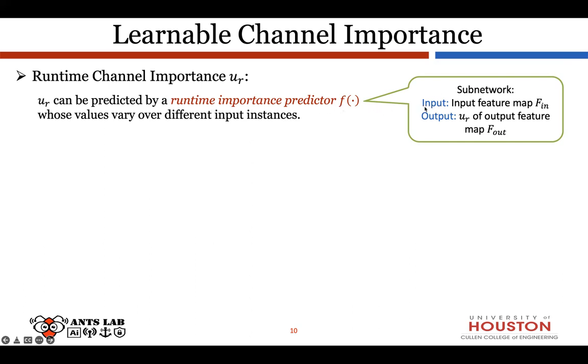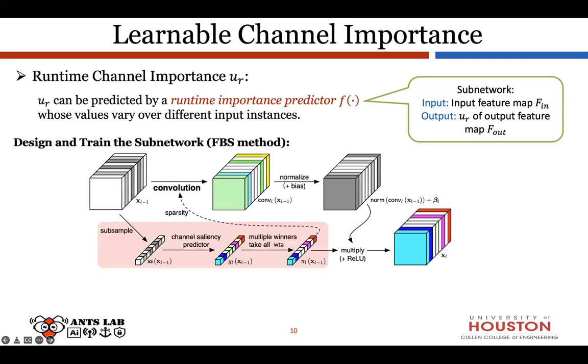The input of this neural network is the input feature map, and the output is the runtime channel importance vector of the output feature map. Although this paper didn't show the details of this predictor or how to train this neural network, I found the solutions in another paper called the FBS method. As shown in this figure, this flow represents the original CNN operations, and the network in the pink rectangle is the proposed subnetwork.